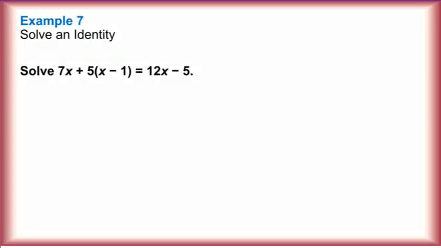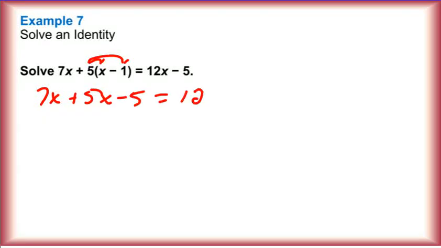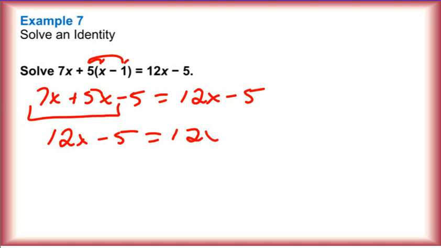Next, solve. Identity, which means you have many solutions. If I distribute here to get rid of my parentheses, I'm left with 7x plus 5x minus 5 equals 12x minus 5. If I combine like terms here, I'm now left with 12x minus 5 equaling 12x minus 5.